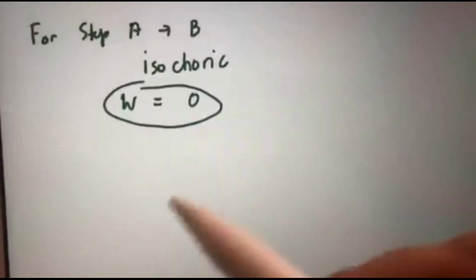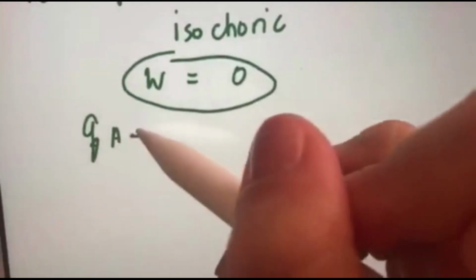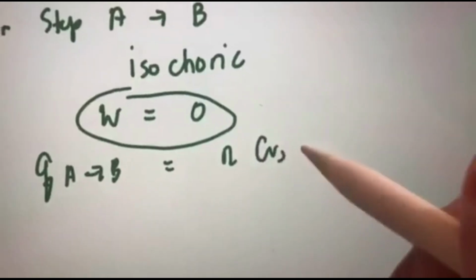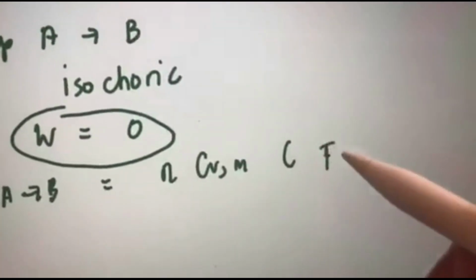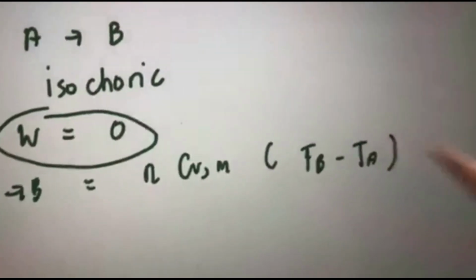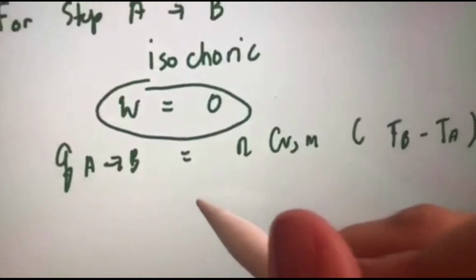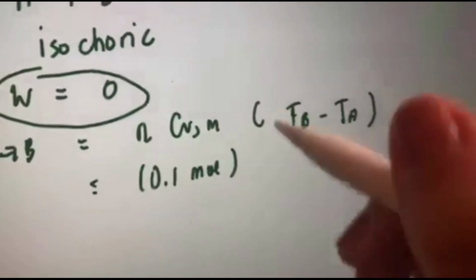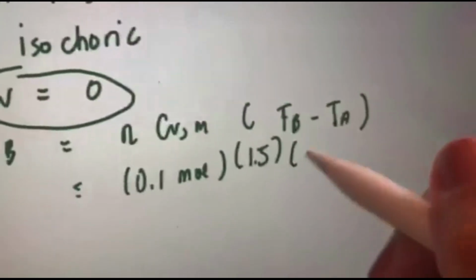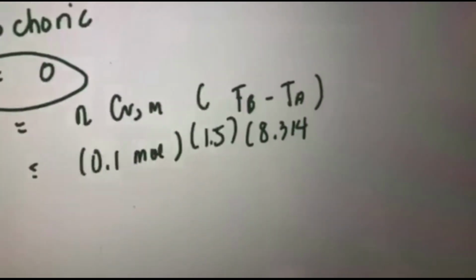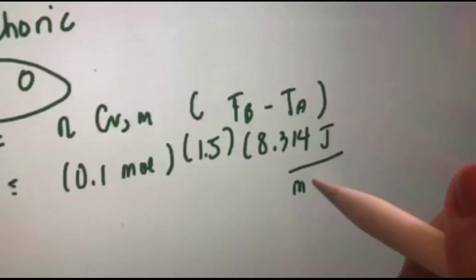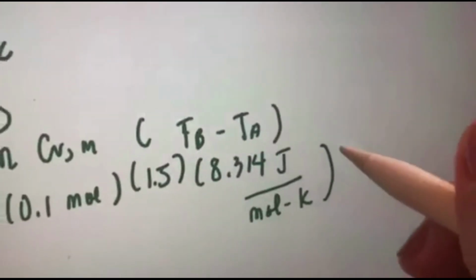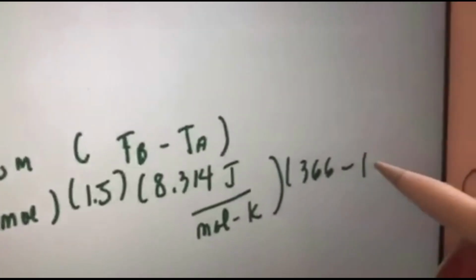Now, solving for QAB, this is equal to n multiplied by CVM times T of B minus T of A. Substituting, we have 0.1 mole multiplied by 1.5 times R, where TB is 366 Kelvin minus 122 Kelvin.